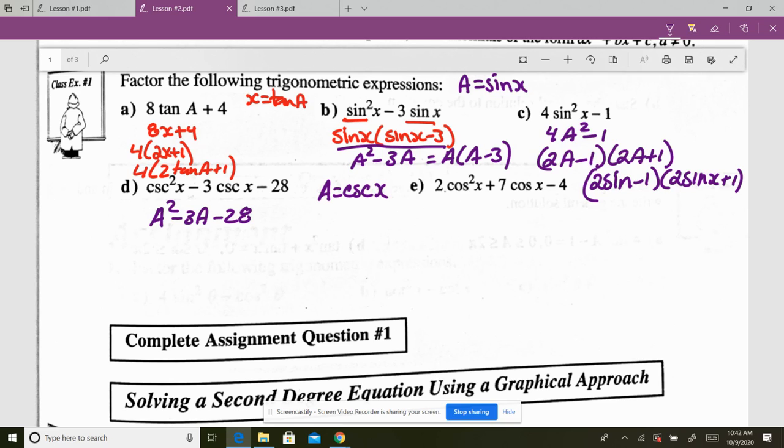How do you factor those? And then put your cosecant back in.